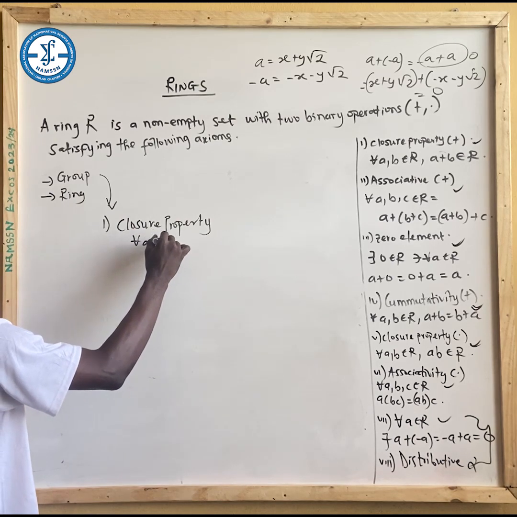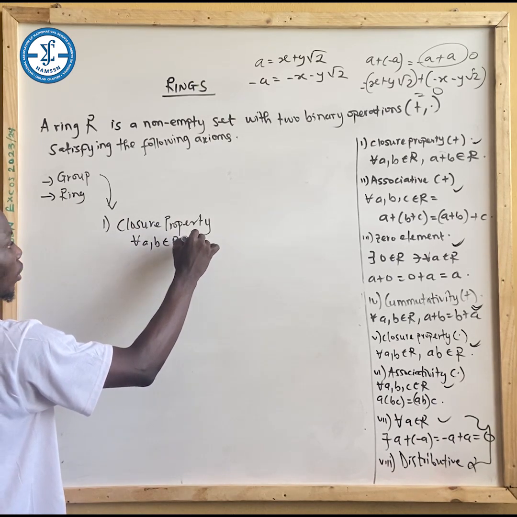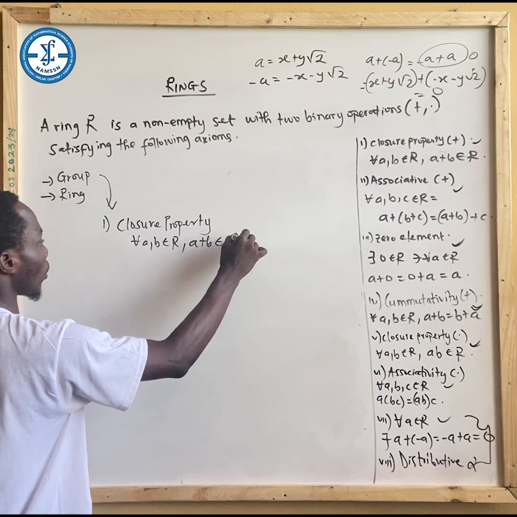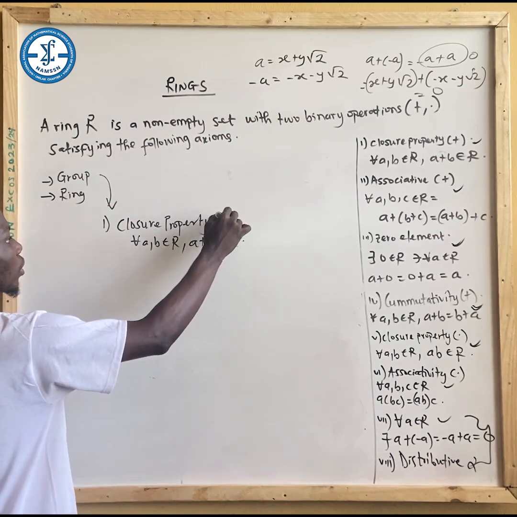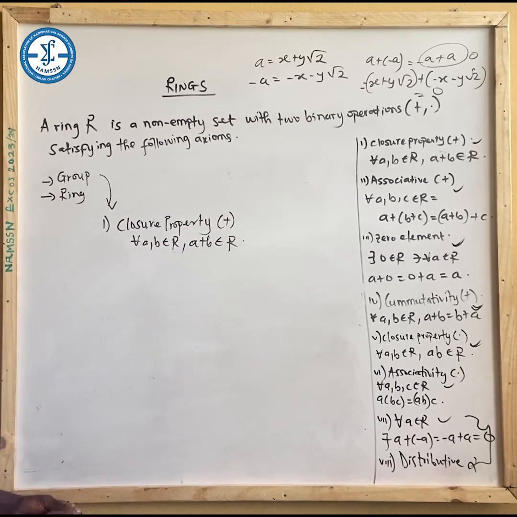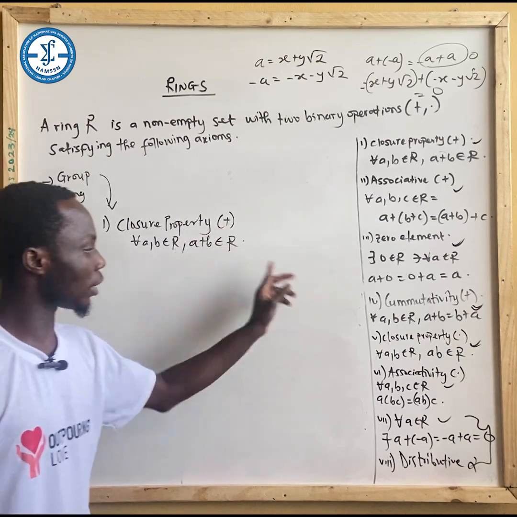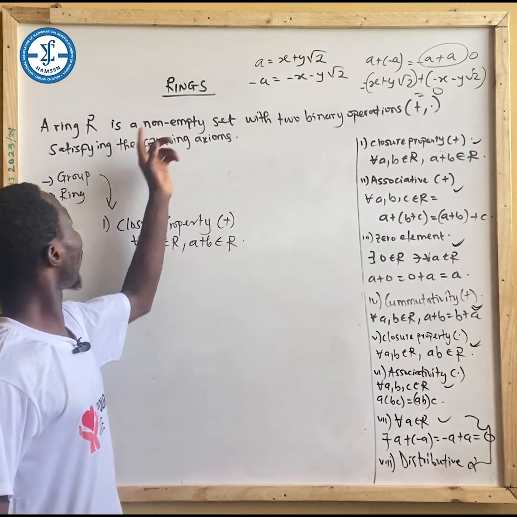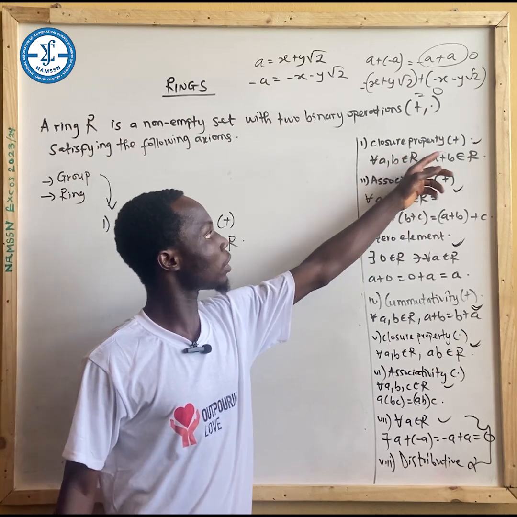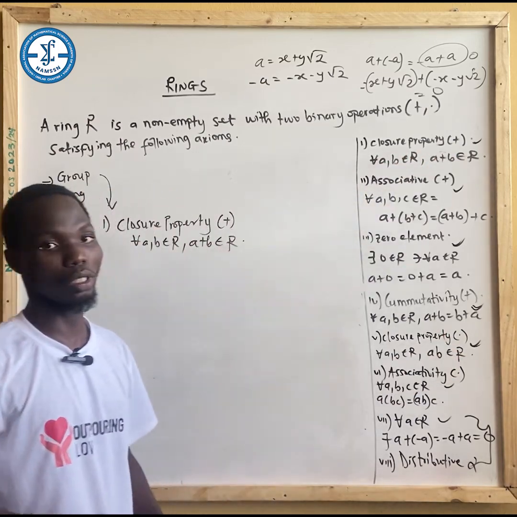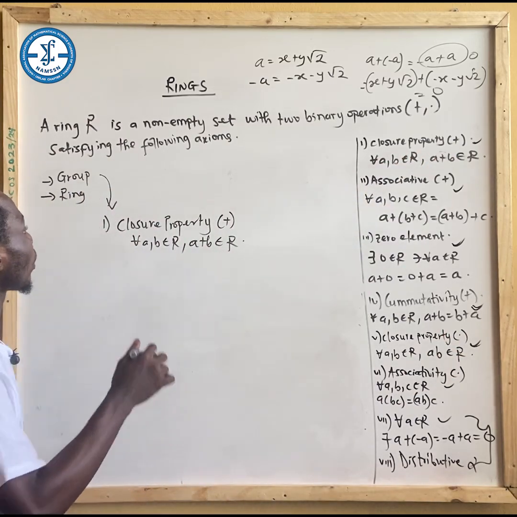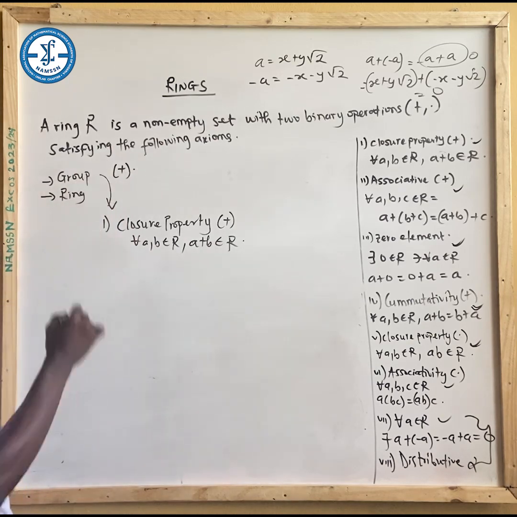For all a, b in R, a plus b is also in R. You notice that our closure property here is only in addition, unlike ring, where we have closure property for both addition and multiplication. So the binary operation we use under group is addition. You have to take note of that.